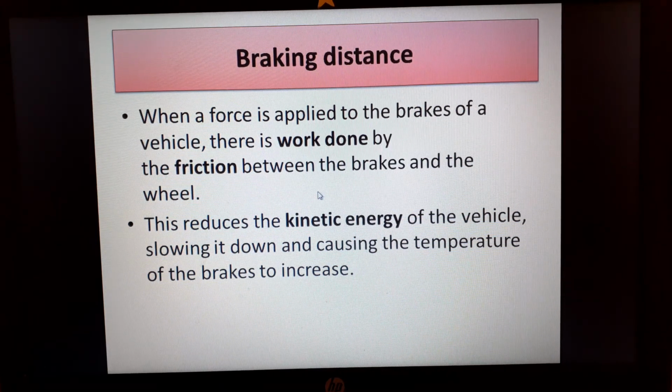So once you have more friction, the braking distance would be much less. And why is that? Because it opposes the kinetic energy as the car is moving. When the car is moving, it has kinetic energy. Now, who reduces the kinetic energy? Friction, which actually reduces the braking distance, which is good in some situations.